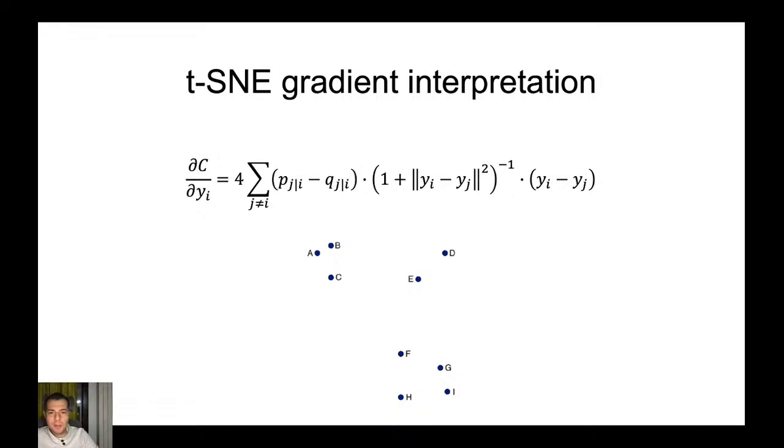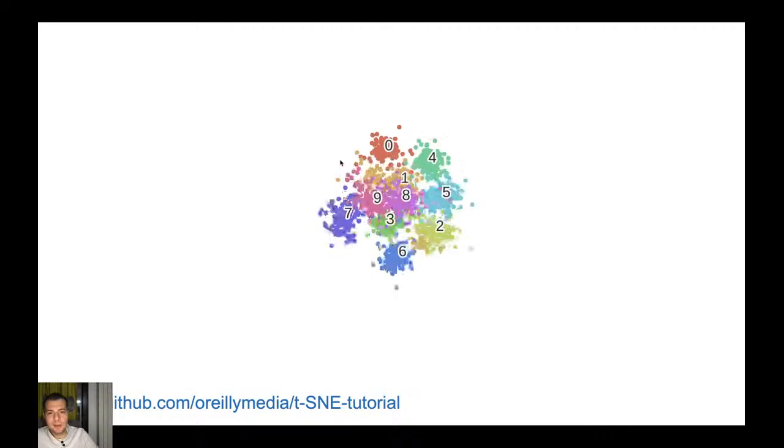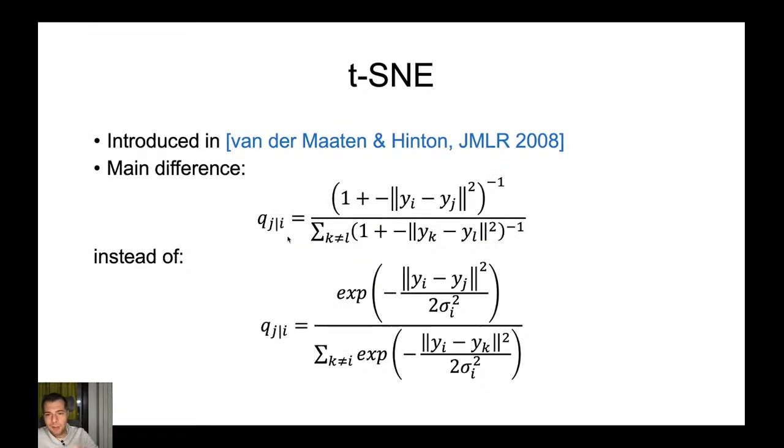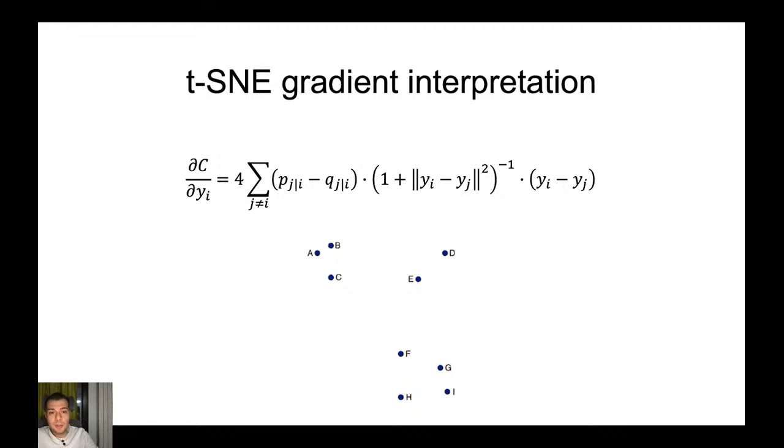Okay, so about the gradient interpretation. Since we updated the density probability of the embedding, the gradient now has a different formula: the gradient of the objective with respect to the embeddings y that are optimized during the process.